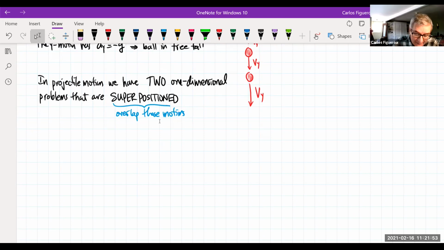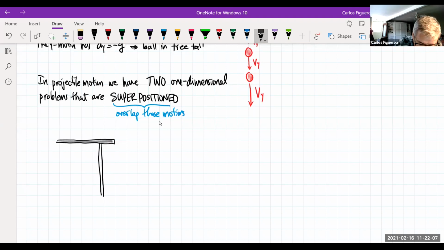What I mean by that is, let's set up a table. I can imagine that I have a table, and I hope this table is high enough. We imagine that the ball is falling off this table.